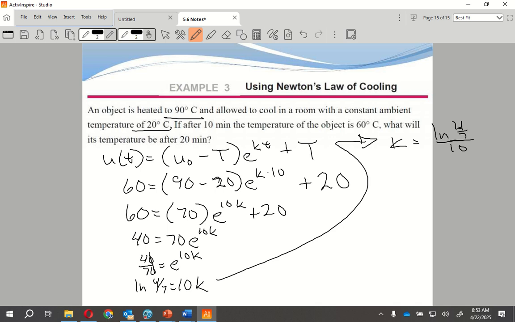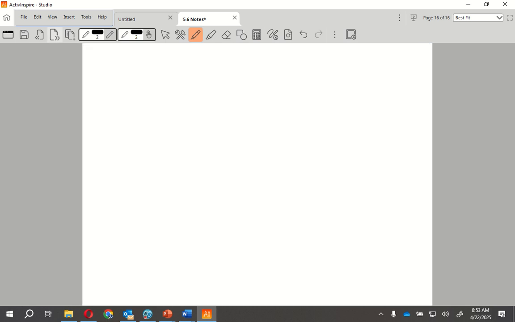So I'm looking for the temperature, whatever my U of 20 is going to be, equal to 90, my initial, minus ambient, times e to the K, my time is now 20, plus 20.